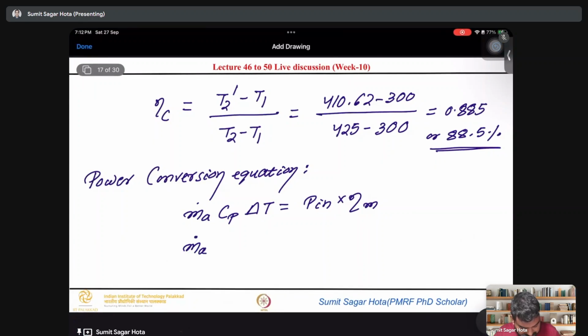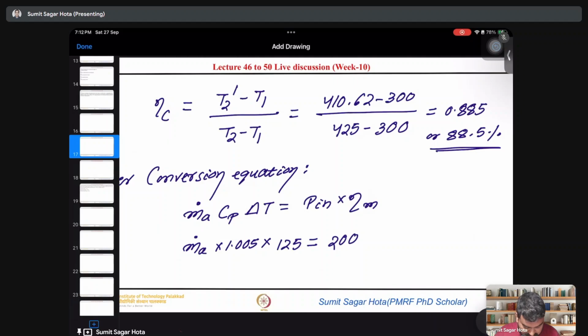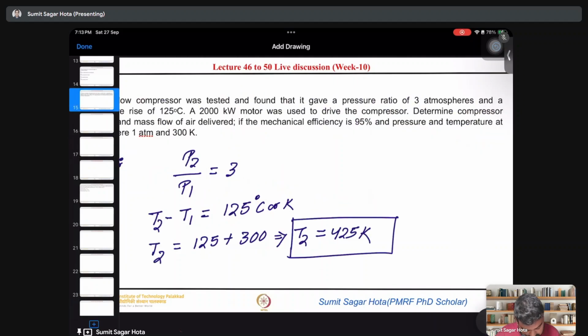m dot a into 1.005 kilojoule per kg Kelvin into 125 Kelvin, which is your delta T, is equal to the power. In the question it's given a 200 kilowatt motor.